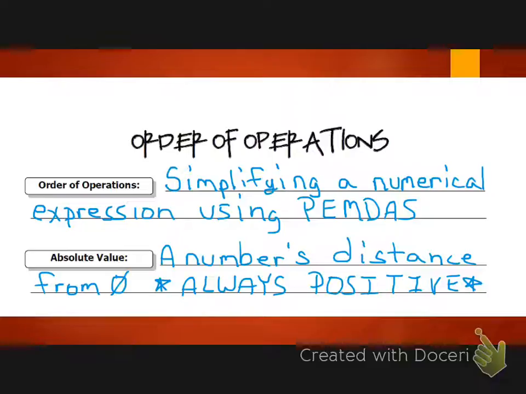Distance is always going to be a positive number because I can't go a negative distance. Yes, you're going back a step, but it's still a step away from the beginning point. So the distance is always going to be positive. The same with absolute value. It's always going to be positive.